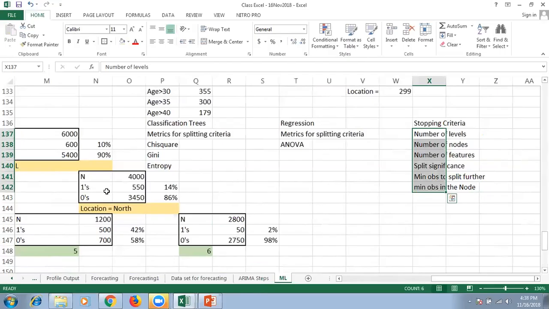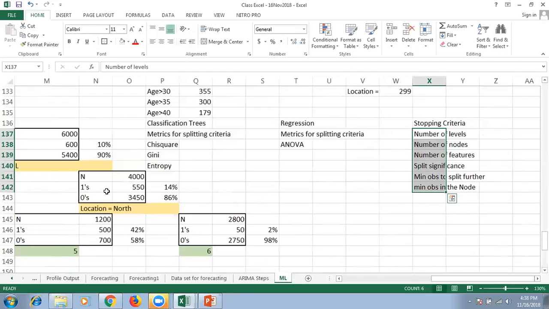So like this, there are different types of stopping criteria we have to control my decision tree. Indirectly what I'm saying is, if I change these values, I will get different decision trees, right? Instead of taking number of levels as 3, if I take 4, will I get a different model? That's possible. So can I say that these stopping criteria can be considered as tuning parameters?